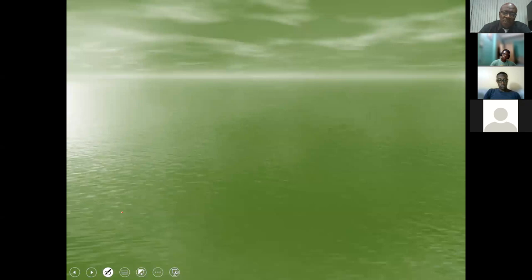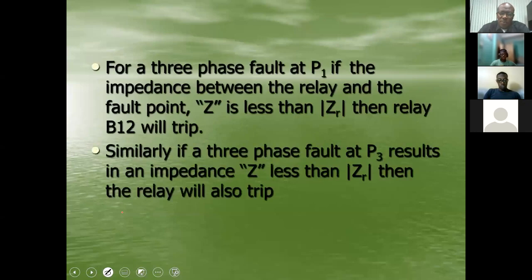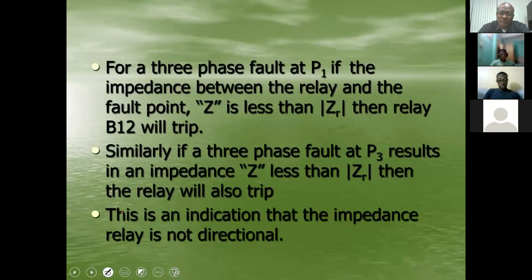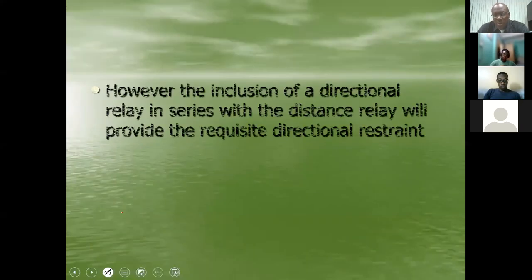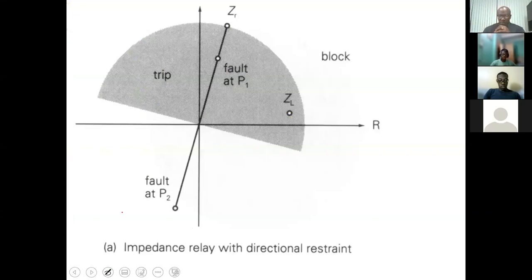So we apply that directional element, right? So it's looking in one direction, and that's what we get. So we now get half of the circle, and it's looking in that direction.